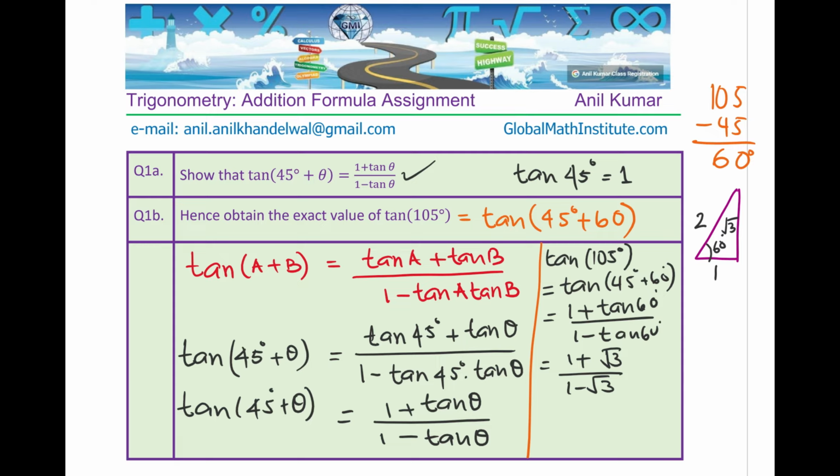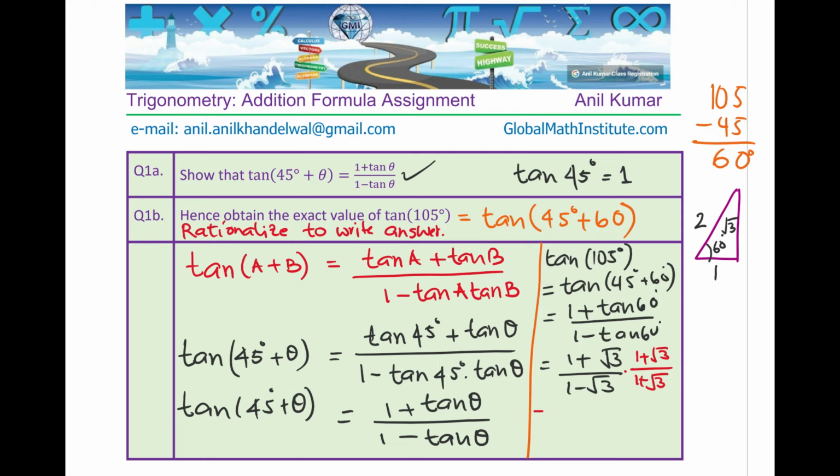Now, most of the time, it is important to rationalize this, correct? Therefore I recommend you rationalize and then write down the answer. The key here is to rationalize. Students should multiply and divide by the conjugate of the denominator, which is 1 plus square root 3.